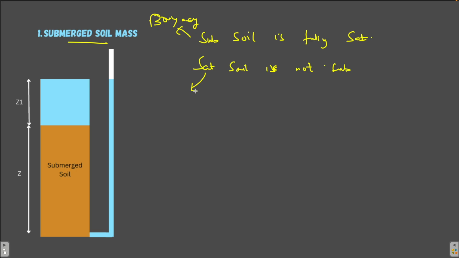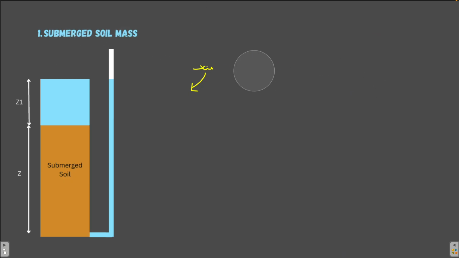It will not experience any force of buoyancy, and that is the major difference between the submerged soil and the saturated soil. Students initially find it very difficult to calculate the effective pressure in the soil when it is in submerged condition and when it is in saturated condition. So first of all, we should know that there's a difference between the two.